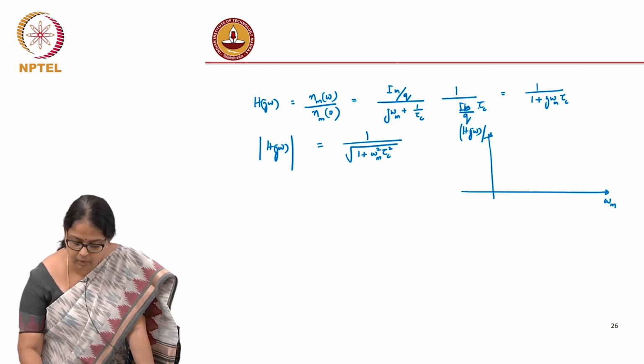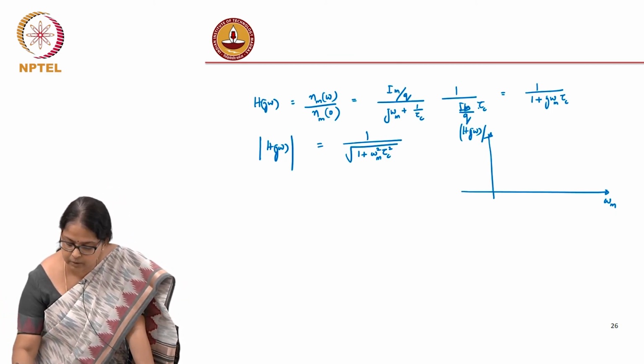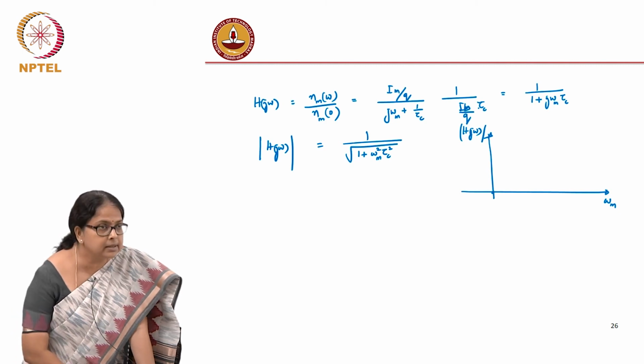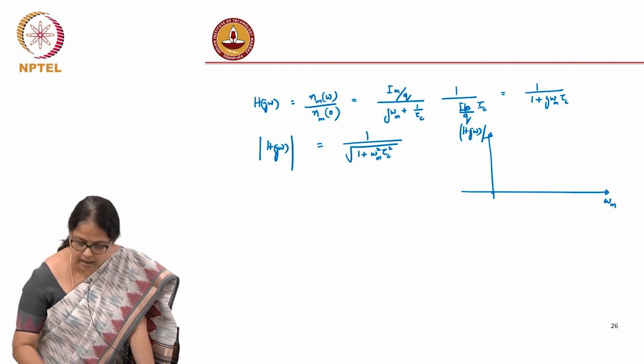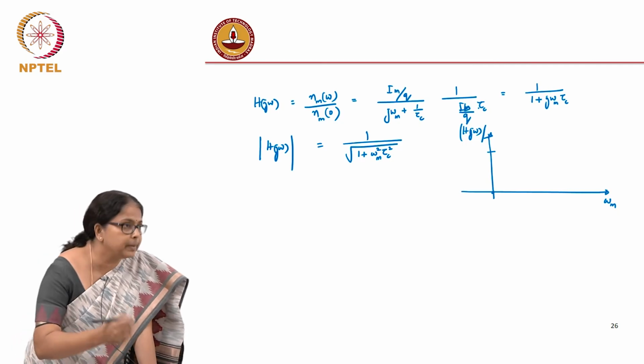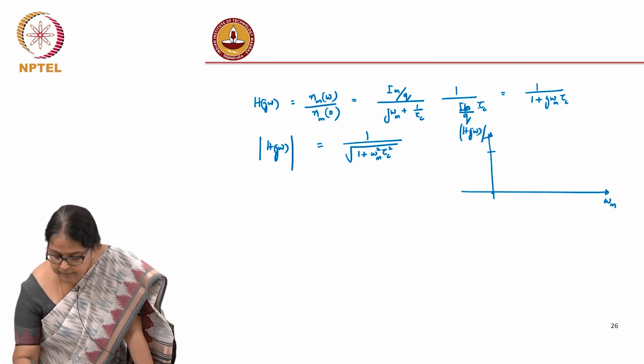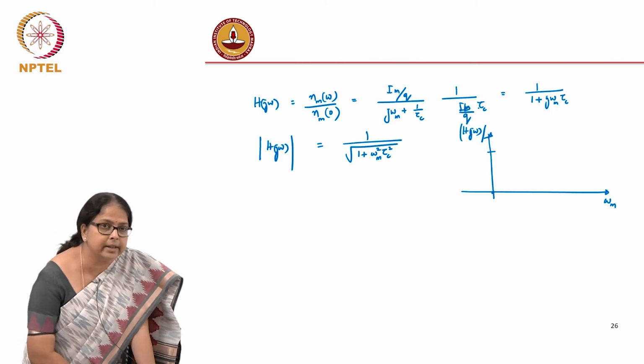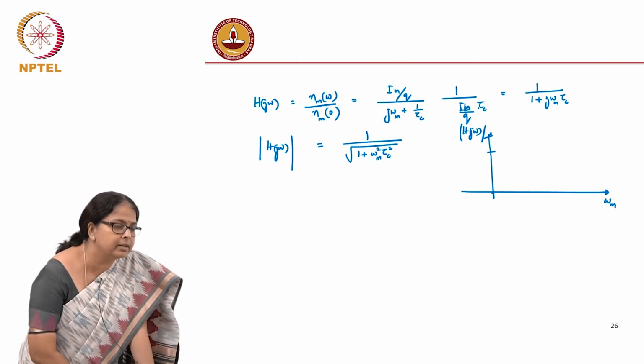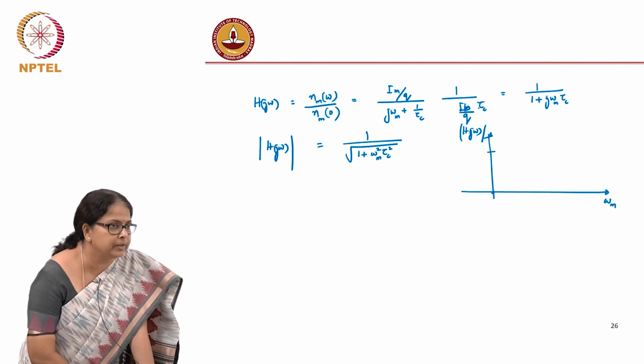I know that when omega m is equal to 0, there is a certain response, and if I normalize with respect to that response, what does this function look like? This looks like a transfer function of a low pass filter. So, this is like a low pass filter response.